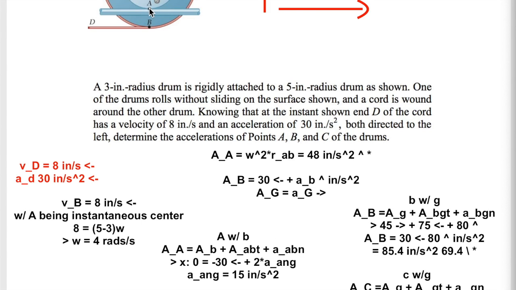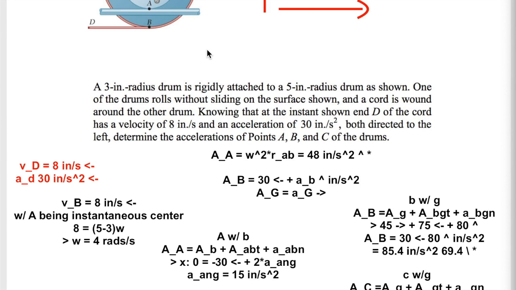At A, all the acceleration has to be going up since this is a non-slipping wheel, and there's a zero component in the j direction. So we grab all our components for x: 0 equals negative 30 to the left, plus 2 times the angular acceleration of A, times the AB distance, and we find that the angular acceleration is 15 inches per second squared.